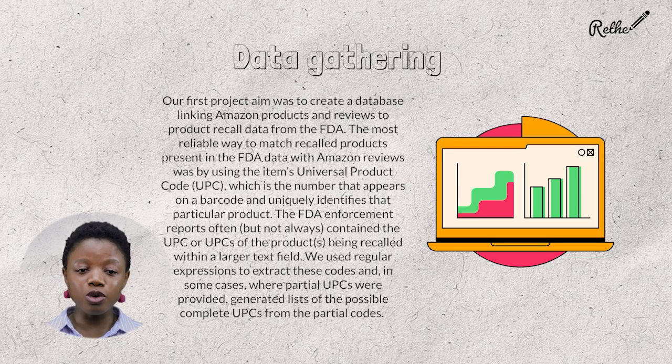The FDA enforcement reports often, but not always, contain the UPC or UPCs of the products being recalled within a larger text field. We use regular expressions to extract these codes, and in some cases where partial UPCs were provided, generated a list of the possible complete UPCs from the partial codes.